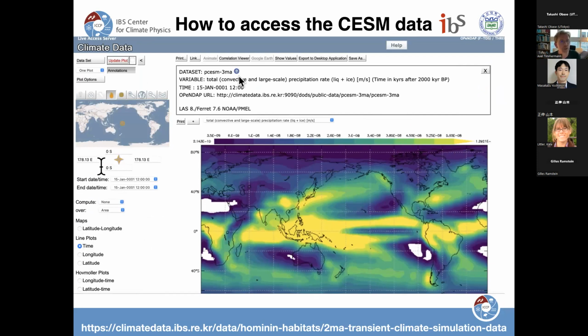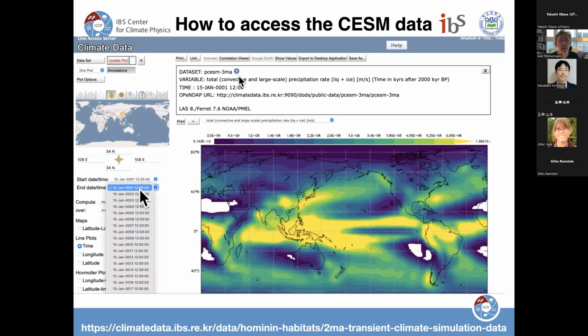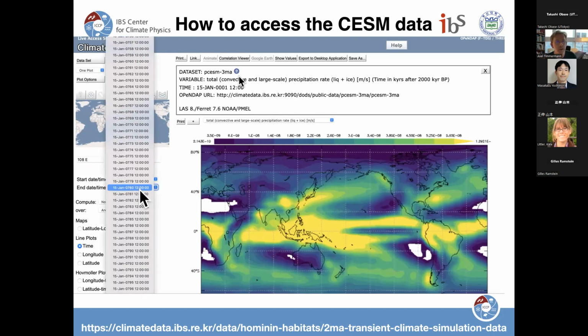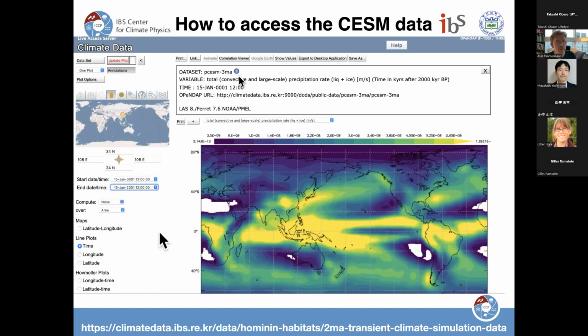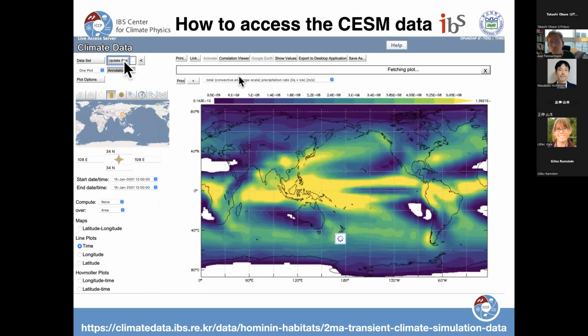I think we used a time series somewhere in China. We're looking at precipitation here over the last 2 million years only. It takes a little while to put the marker to time, and then you go to update plot, and everybody can do that. So it's openly available.